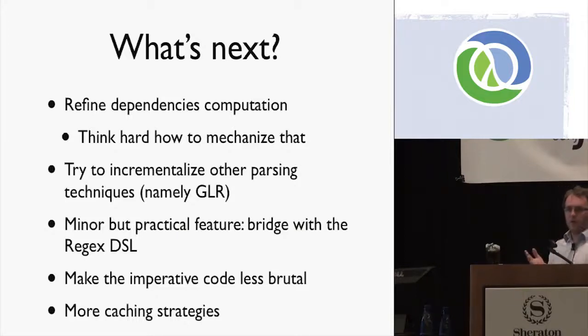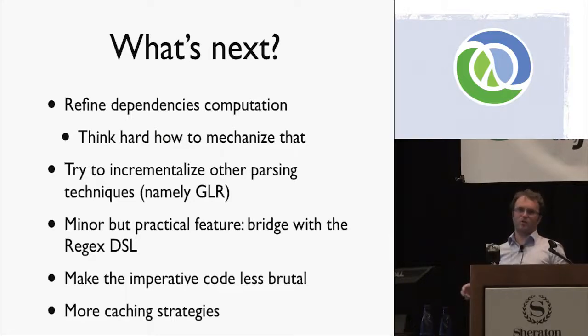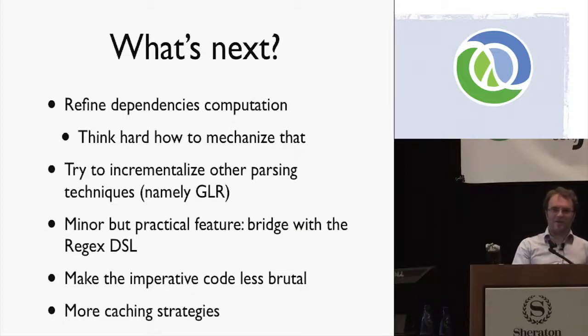And I'd like also to make the parts which are imperative a bit nicer and to add a better caching strategy. Right now, my memoization is just a one-shot memoization. I only compare to the previous result. And I'd like to use some pluggable caching strategy, but Michael Fergus has already done the library, so I only need to integrate it.